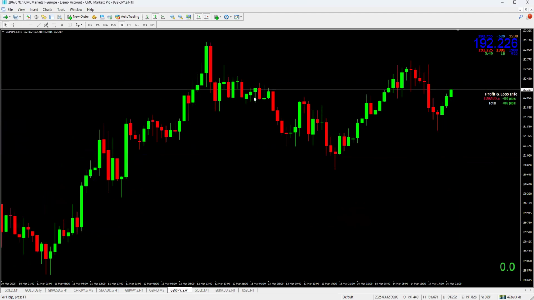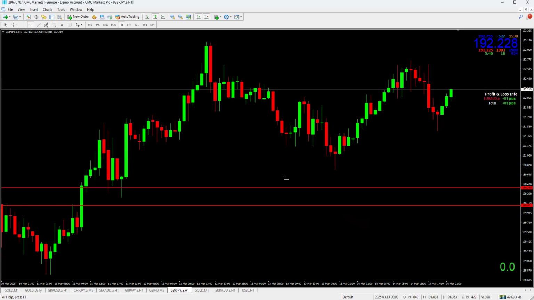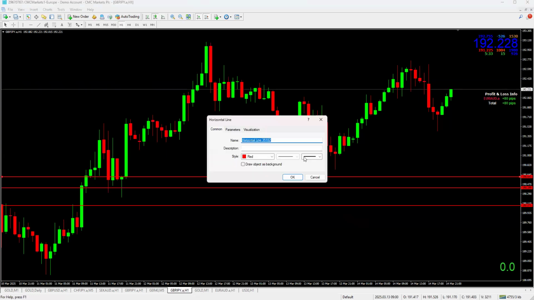I mean, this is the highest candle. Where do I mark as the ranges? Tell me so I can put the lines there.